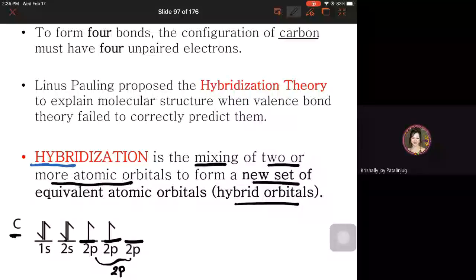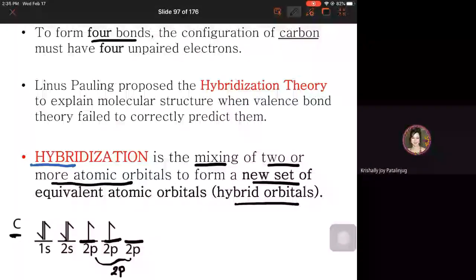Yung gusto nating mangyari is dapat makabuo ng 4 na bonds yung central carbon ng molecule ng methane, para mabuo yung stable molecule. Alright? So, yung gagawin natin is hybridization.